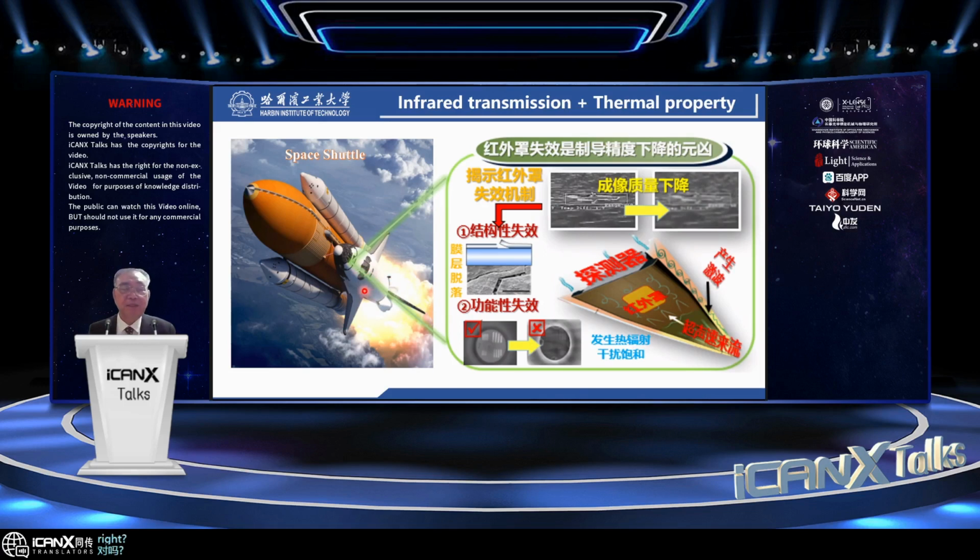But when the flying object flies fast in the air, the friction between the IR window and the air creates heat. And this heat will generate these problems: structural failure, or even without structural failure, the thermal emission saturation will also cause function failure, which will make the imaging quality drastically decrease or even completely vanish.